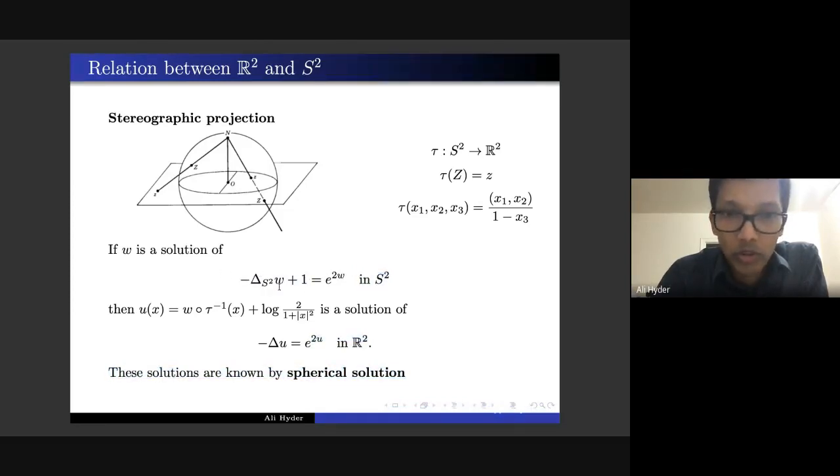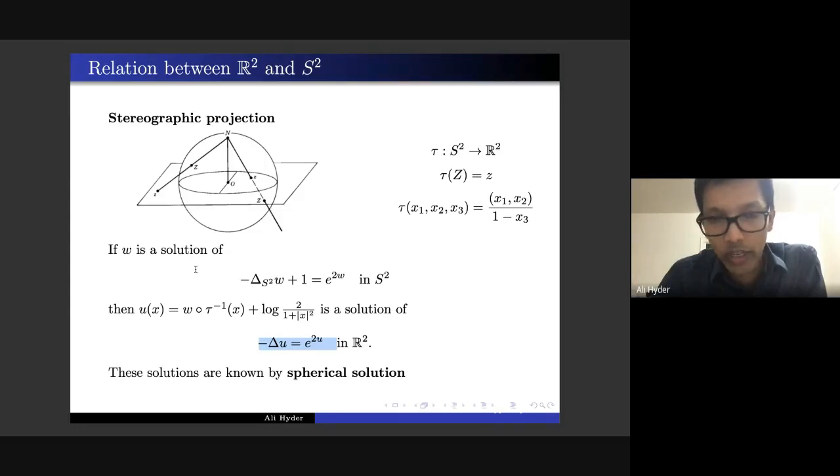If W is a solution to this equation, and if I define U in this way on R2, taking a composition with this stereographic projection and adding the function log 2 by 1 plus mod x square, then U would be a solution to the PDE in R2.